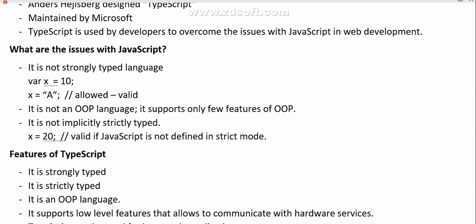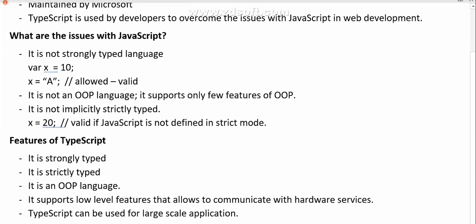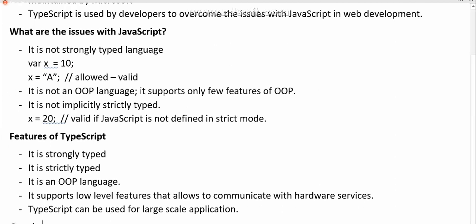So actually what happened is, before Angular, Google introduced AngularJS in early 2010.